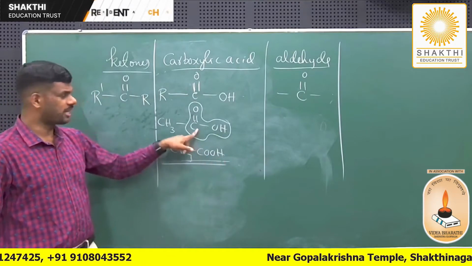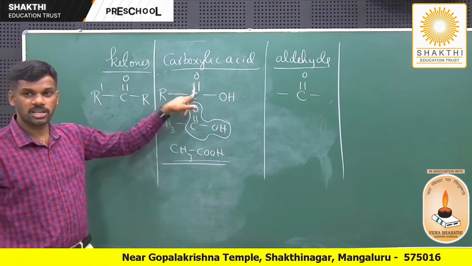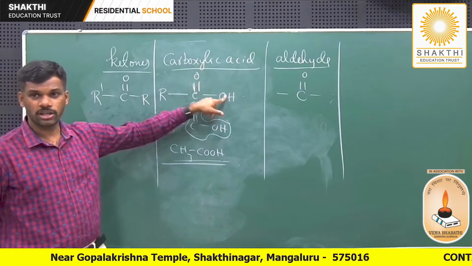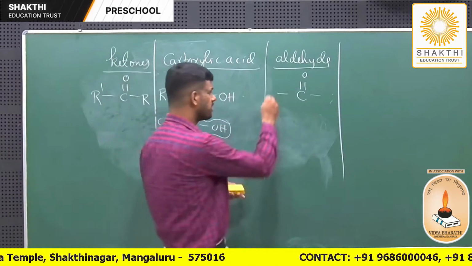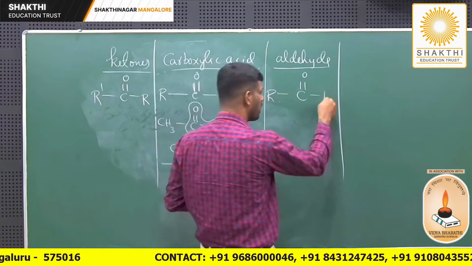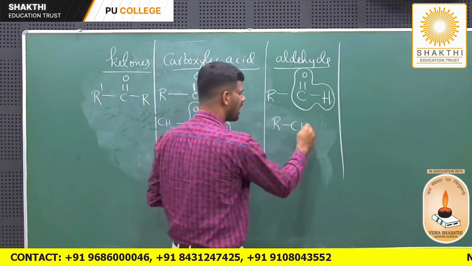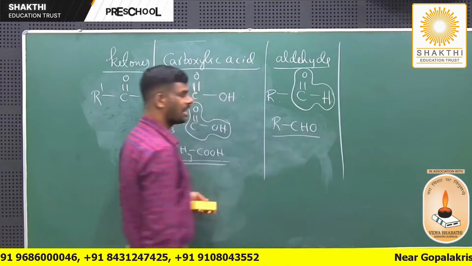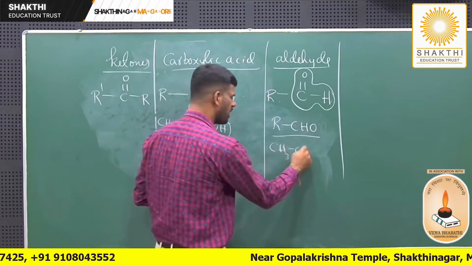CH3COOH, this is the real general formula for it. RCOOH is called carboxylic acid. If you ask me how to write aldehyde, this is R, an alkyl group, CH3, C2H5, etc. You have only an H group. I call this RCHO, called the aldehyde group. Say R is CH3, it becomes CH3CHO.